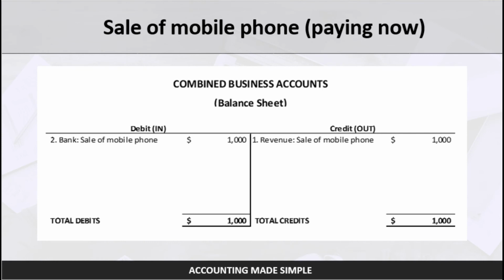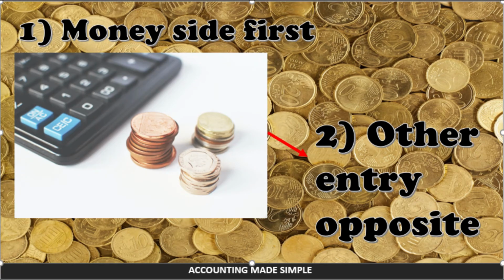On the money side of the entry, we have sale of mobile phone of $1,000 coming in to our bank, so it's a debit. The other side of the entry is always opposite. So next we have the revenue, sale of mobile phones for $1,000, recorded as a credit.